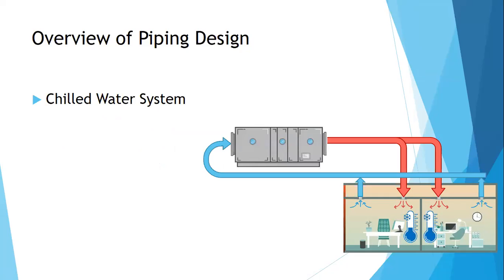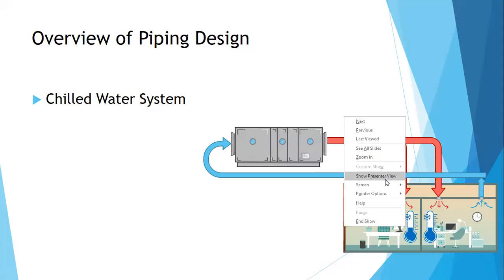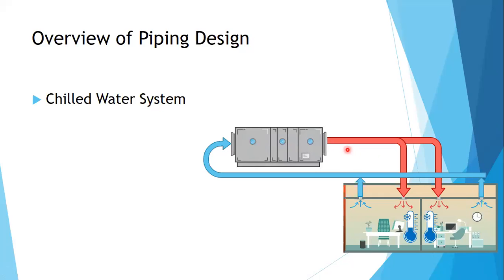This air handling unit will provide cold air and will cool the room. The air inside the room will be sucked up and returned to the air handling unit. So this is your typical air conditioning system.